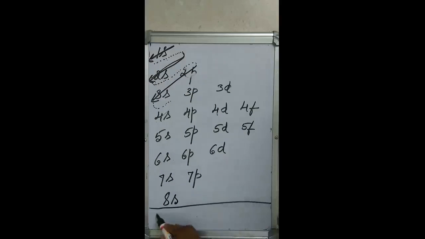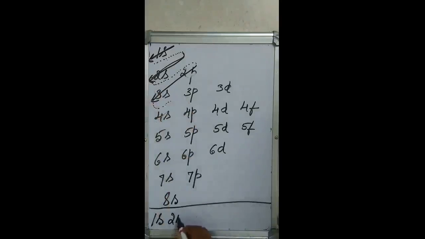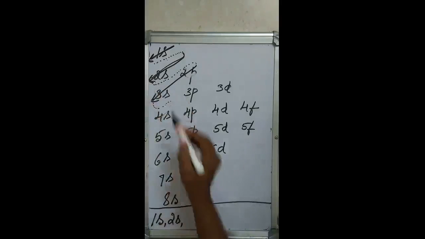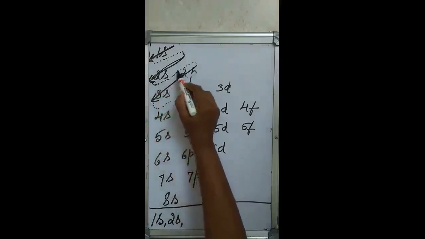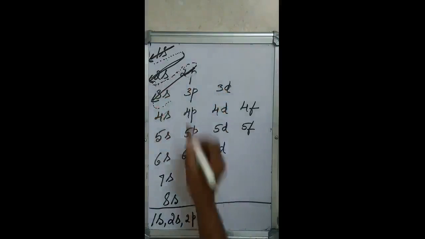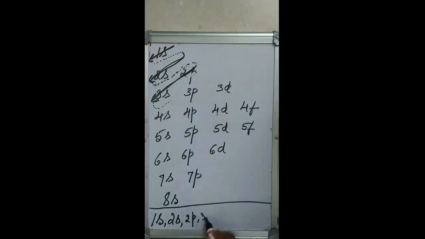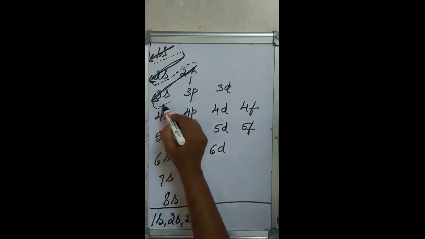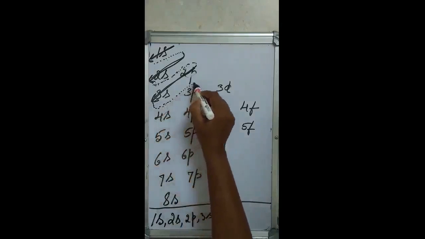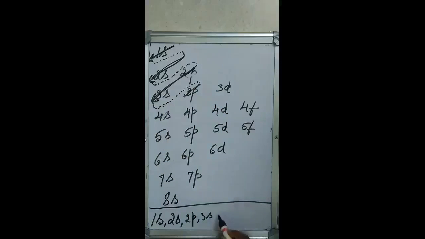That means increasing order. Here I will write first 1s, after that 2s. You have to fill like this. Then after 2s it comes 2p, then 3s. Then after 3s, see how I put the dotted line. So 3p.